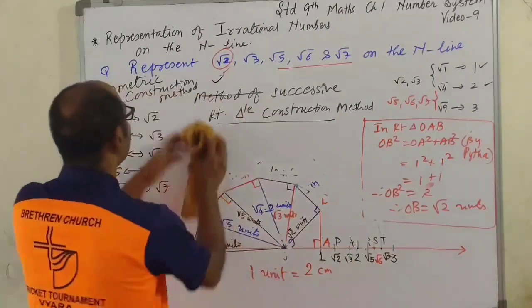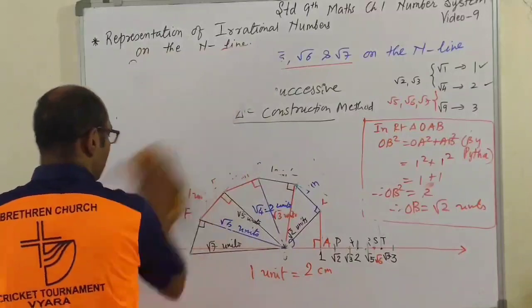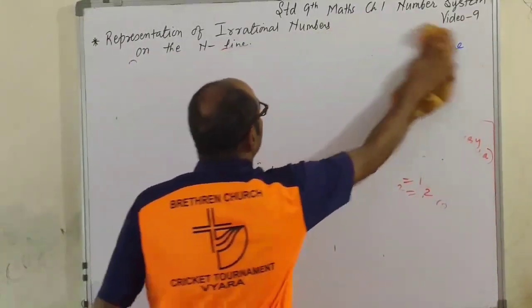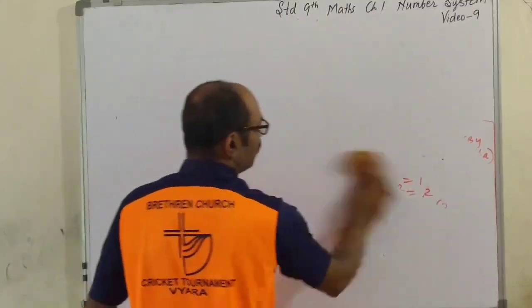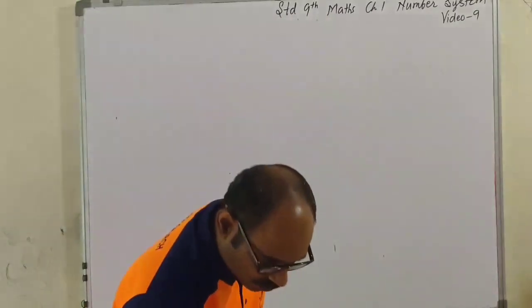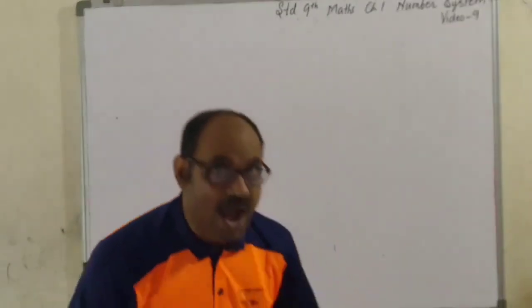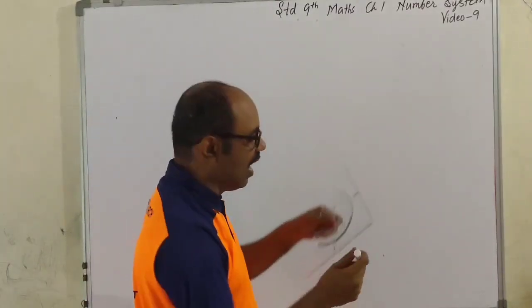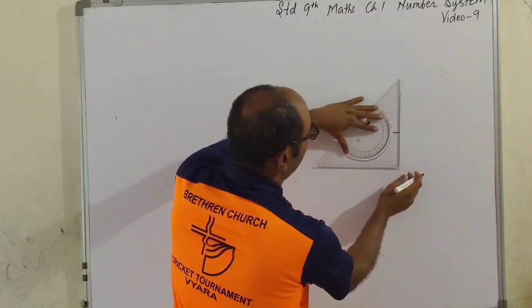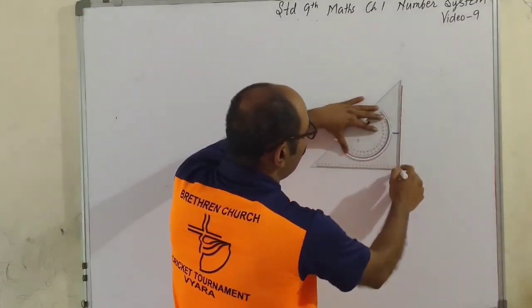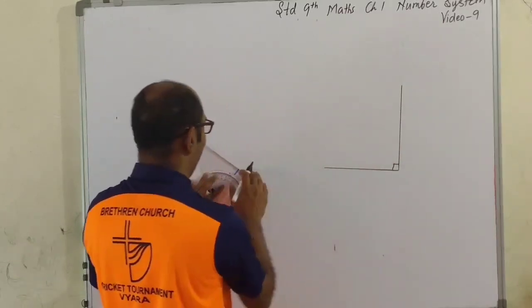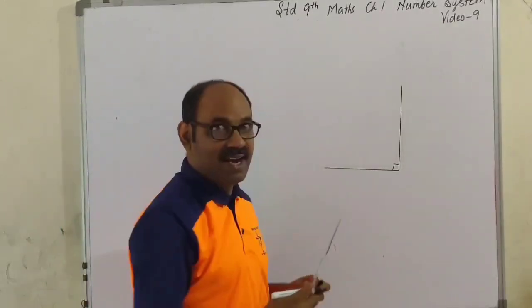Okay, fine. Question you know now, all right? Children, what I do, in the middle of the page, from the right, I start with the help of this set square. I draw two perpendicular edges. All right, this is a perpendicular edge. Start exactly from the right.